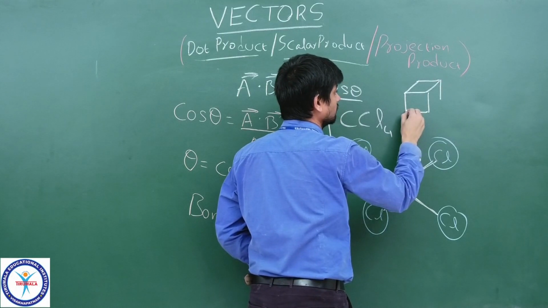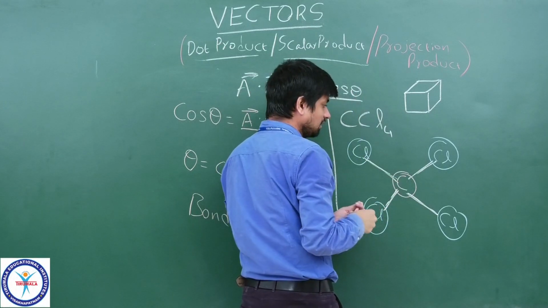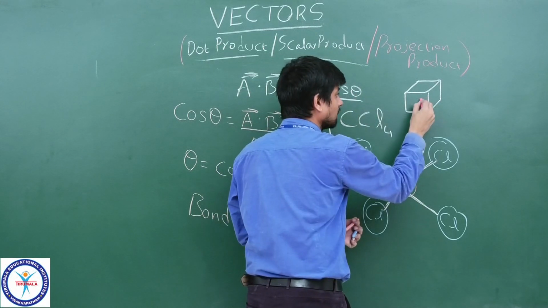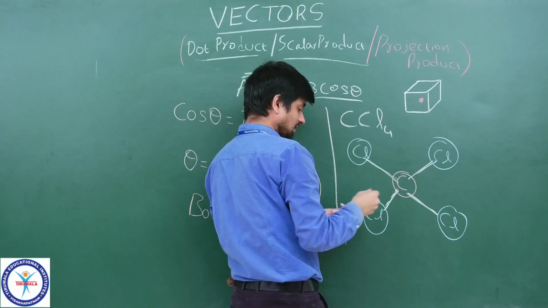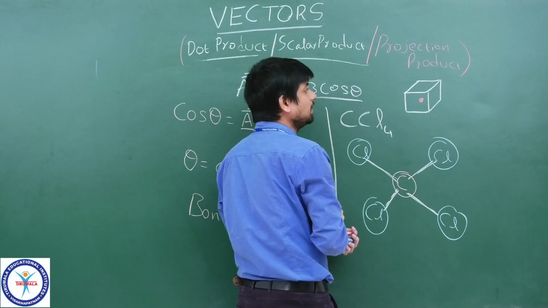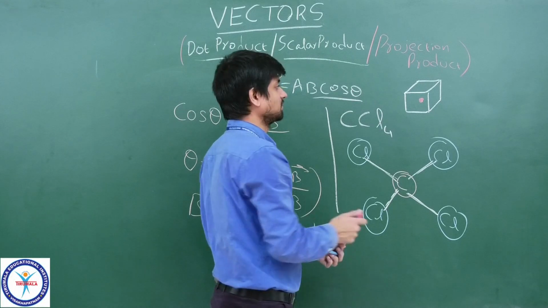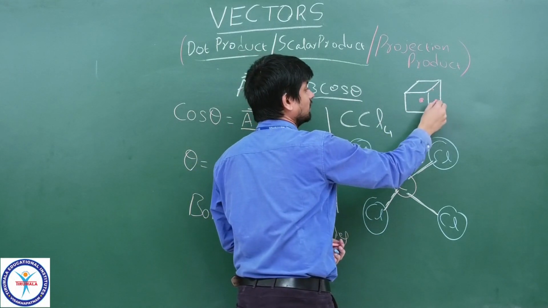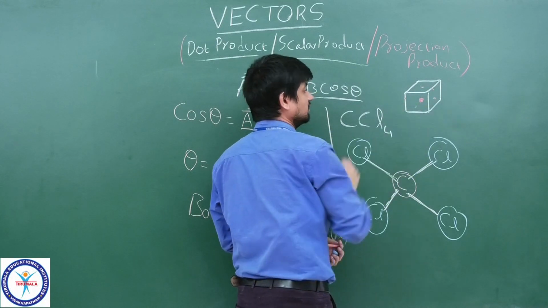So at the middle, the carbon atom will be there. Around this all, you will have chlorine atoms, in this way.